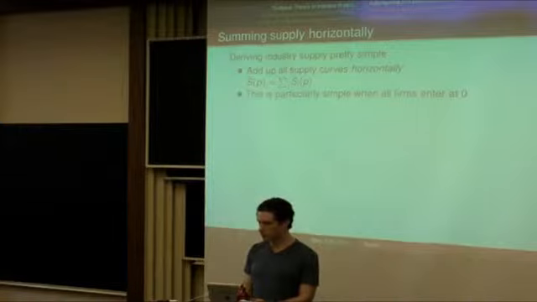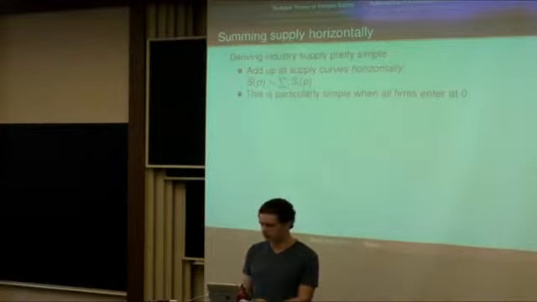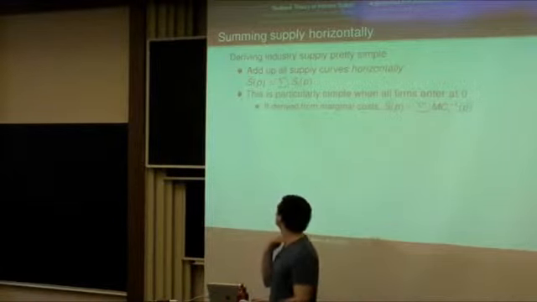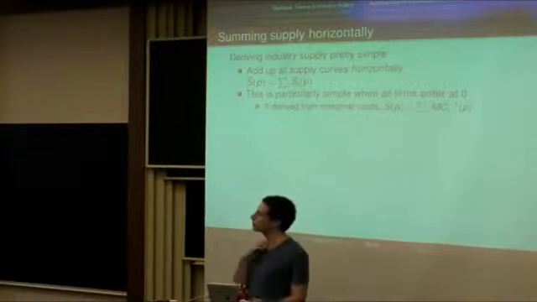And this is particularly simple when all firms enter the market at a price of 0. That is, the minimum price at which all firms are willing to produce is 0. But in that case, the industry supply is just the sum of the inverse of the marginal cost curves.